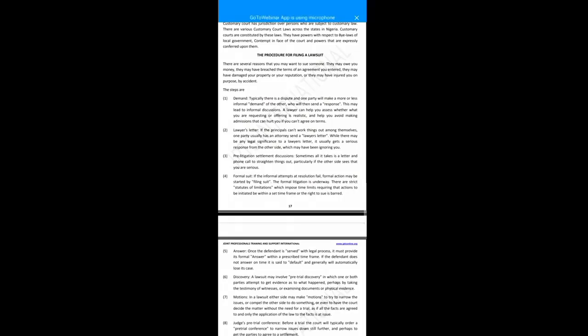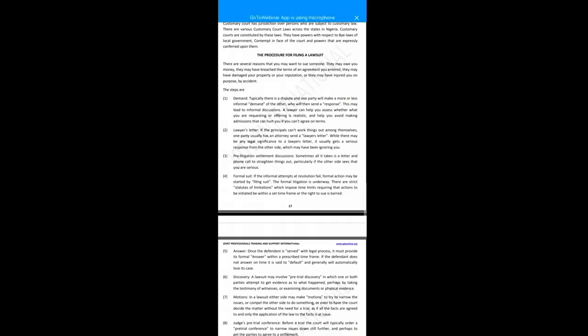The next step is the formal suit. If the informal attempt at resolution fails, formal action may be started by filing suit. The formal litigation is on the way.